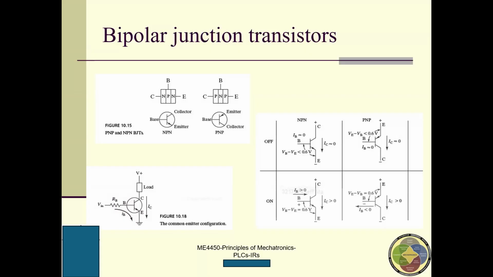Okay, guys, questions so far? No questions? One more time, we check the voltage difference between the base terminal and the emitter terminal, and this is the same for both NPN and PNP.